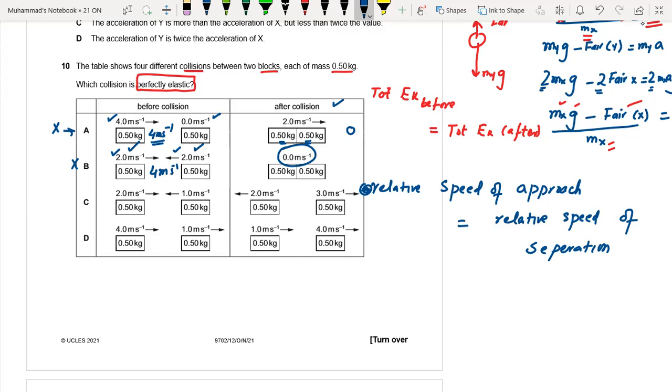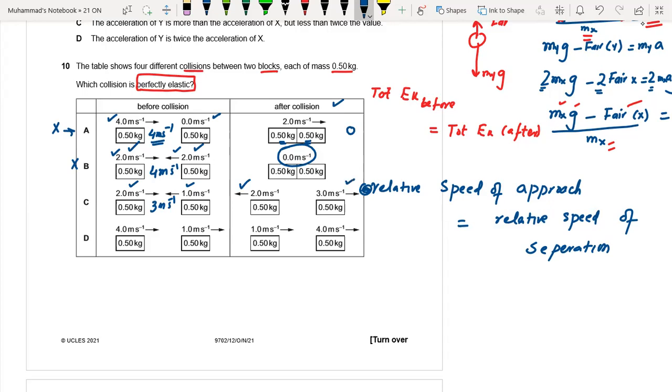Let's discuss option C. This is approaching with 2 meter per second, and these two objects are moving towards each other. So their speed of approach is 3 meter per second. And after collision, this is moving towards left direction, and this is moving towards right direction.